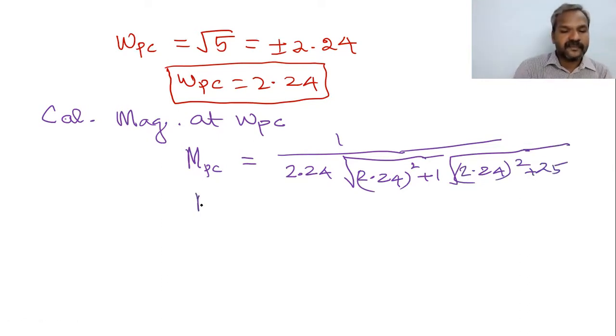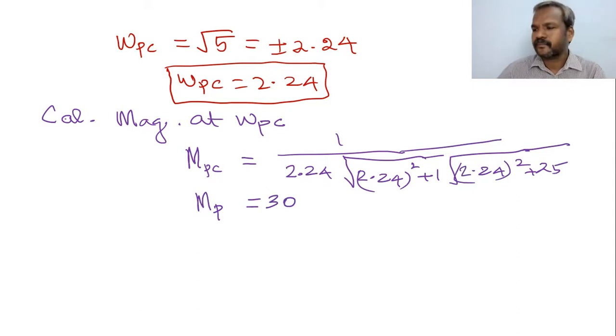So MPC will be around 30.3. Almost the value is 30.3.